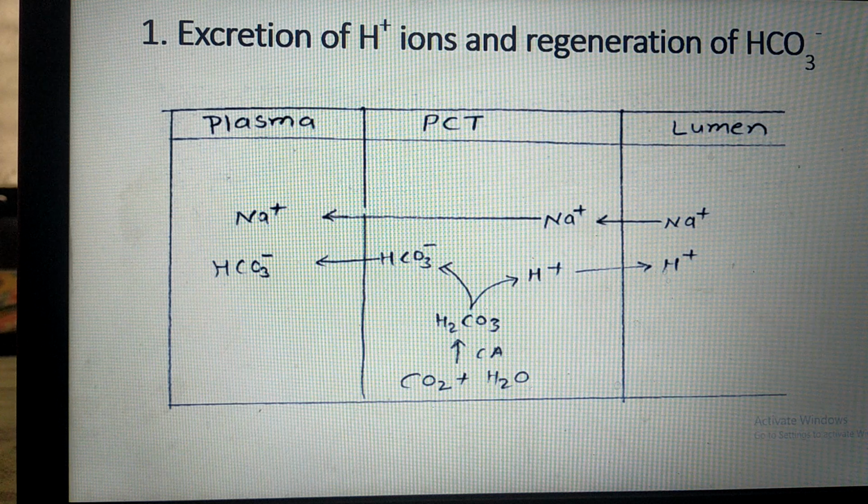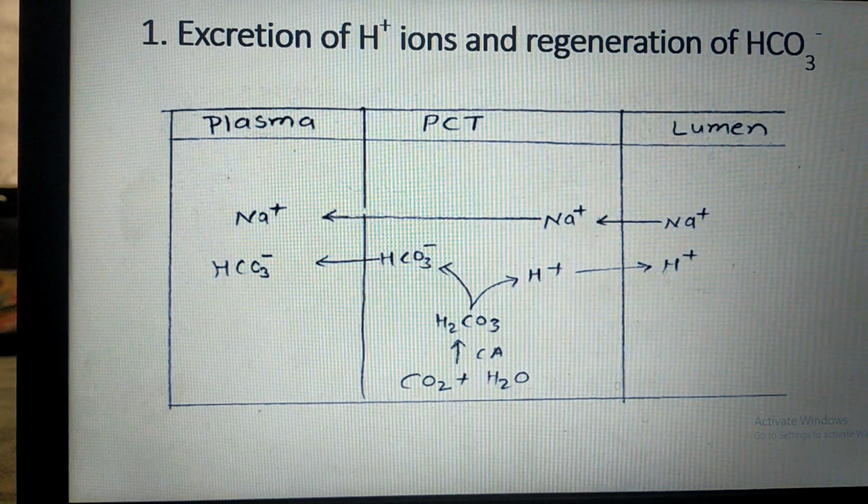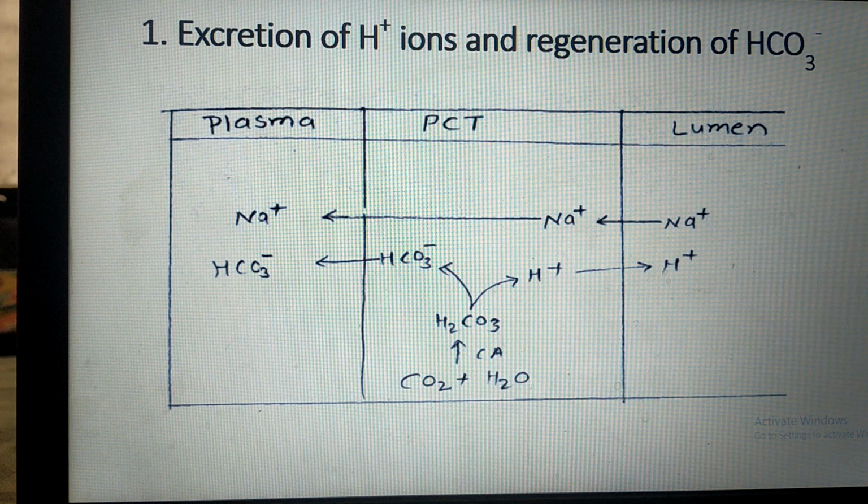Here I have shown 3 compartments. On the left there is the plasma compartment. Next is the cell of the proximal convoluted tubule, and next is the lumen of the renal tubule where urine is present. Now we will start from PCT.